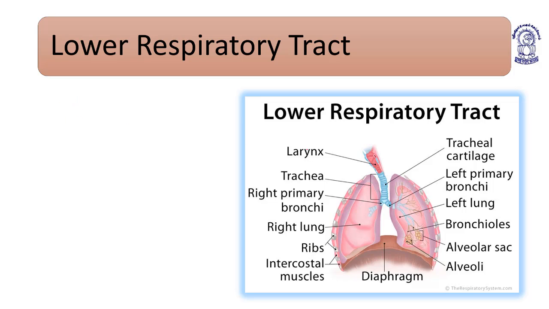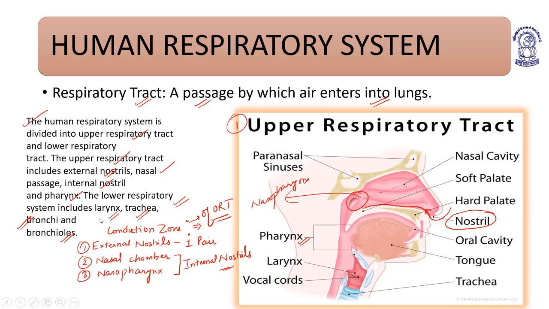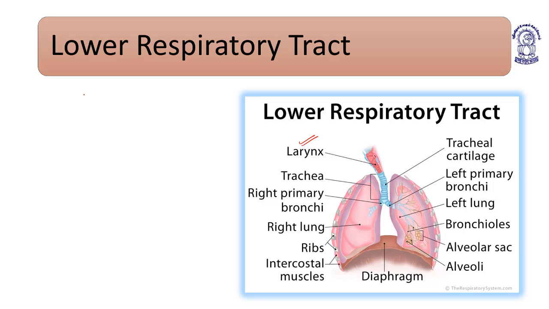This is the lower respiratory tract, which mainly starts from larynx, till the terminal bronchioles or the alveolar sac. The lower respiratory system includes larynx, trachea, bronchi, and bronchioles. Okay. So the conduction zone includes larynx. From larynx, the air moves into trachea.